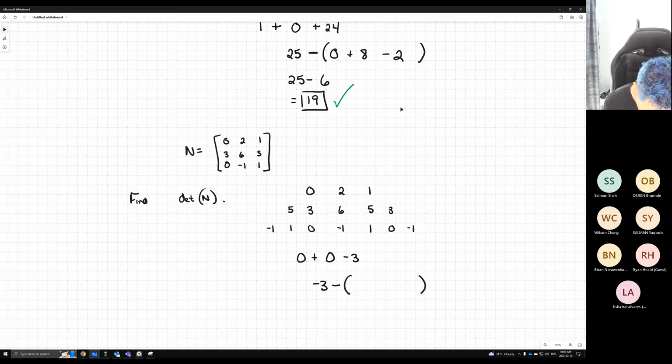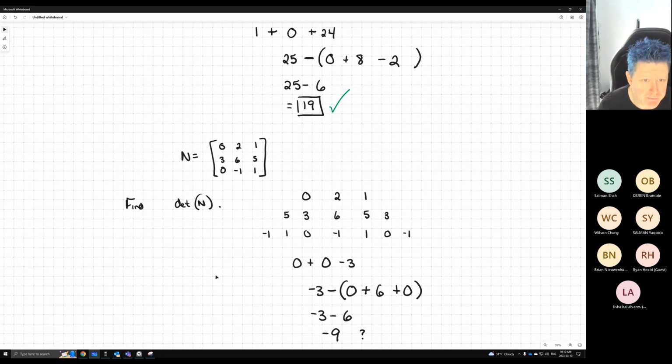Then the next one is 2 times 3 times 1, that's 6. And finally, the last one is 1 times 6 times 0. There's a 0 in there, so 0 is the result. So my determinant should be negative 3 minus 6, minus 9.